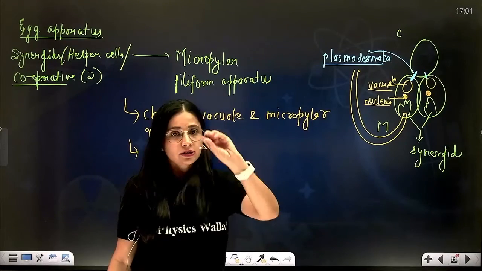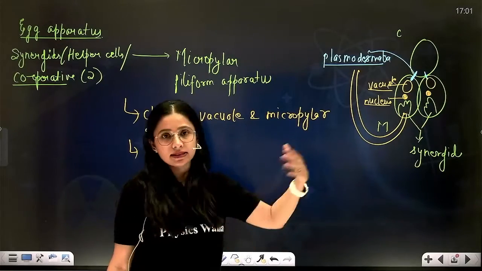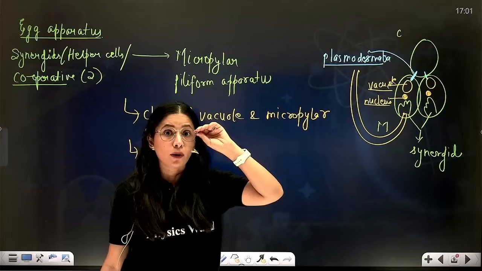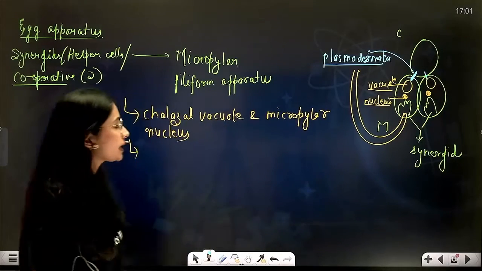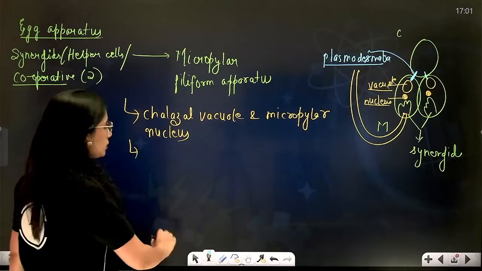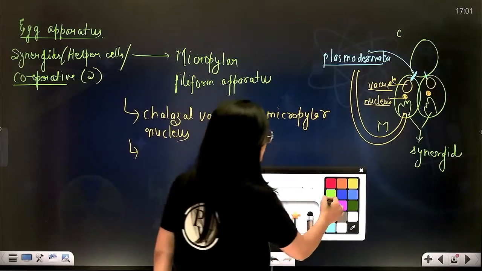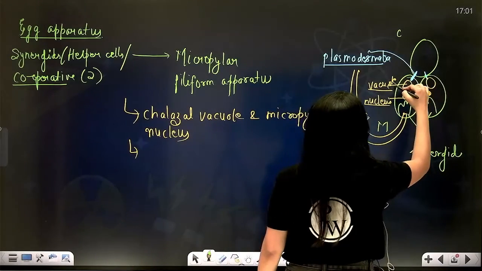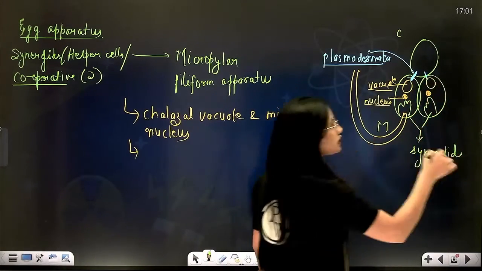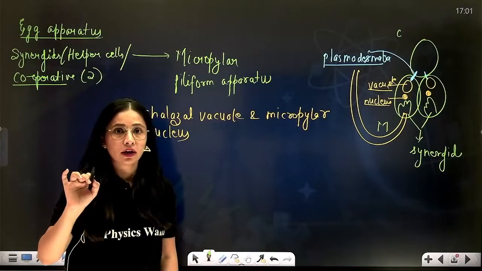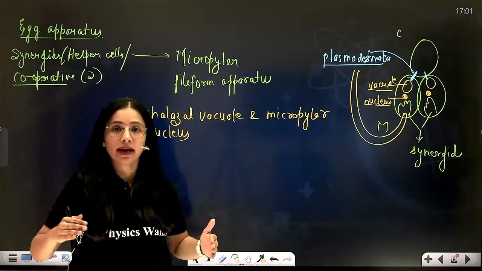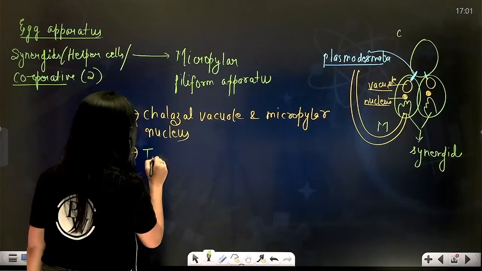So the source of nutrition for the egg is the synergids. That is why they are called cooperative cells. Correct? Now, one more thing: towards the chalazal end, these synergids lack a cell wall so that they easily connect with the egg. So you can write this point as well.